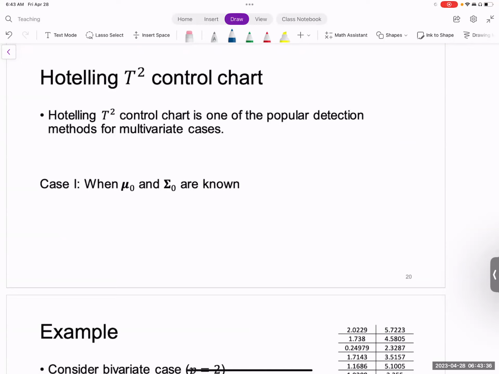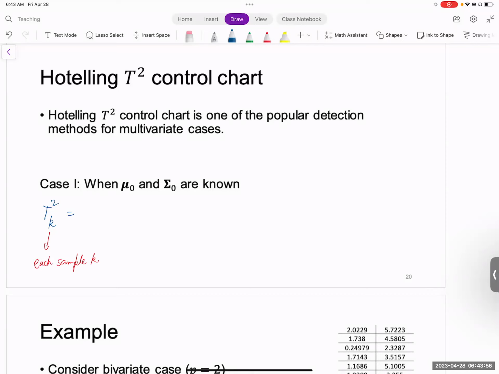When mean and variance are known, you will actually compute a T square statistic. As I said earlier, anything that you do is called a T square statistic. But now we compute T square for every single sample, each sample k. Okay.